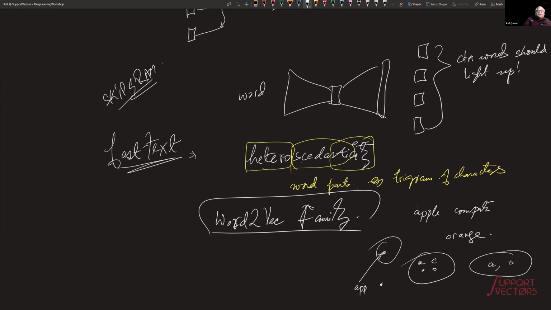And that is the problem in creating static word embeddings like this, that they don't pick up meanings based on how a word is used in a sentence.